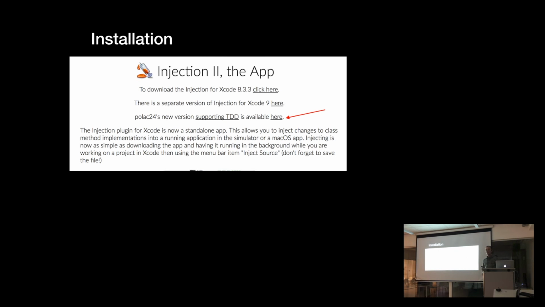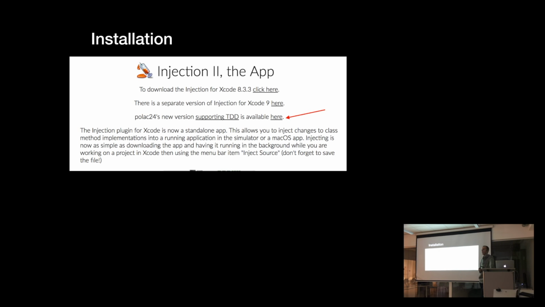I really encourage you to try it out, and see if it's working for you, if you've got some troubles. So how to proceed and start using it. First you have to download injection for Xcode. But this version that supports TDD, so you go to John Holdsworth's web page.